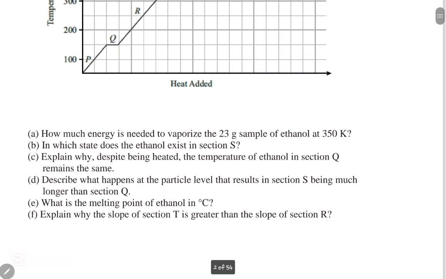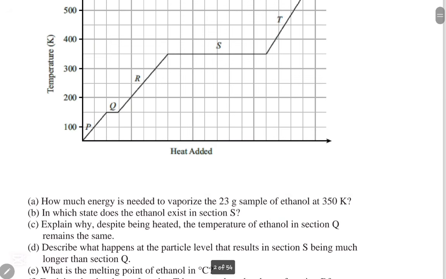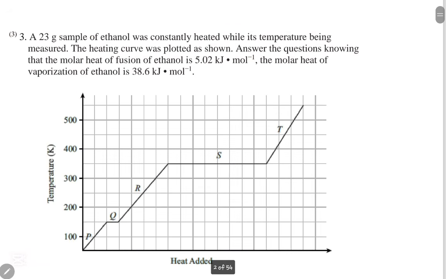What does it say? Describe what happens at the particle level that results in section S being much longer than section Q. Why is section S longer than section Q? This is actually really important. If you go up and compare the vaporization, which is section S, and the fusion, which is section Q, you will see that the heat of vaporization is much greater than the heat of fusion. Why is this?